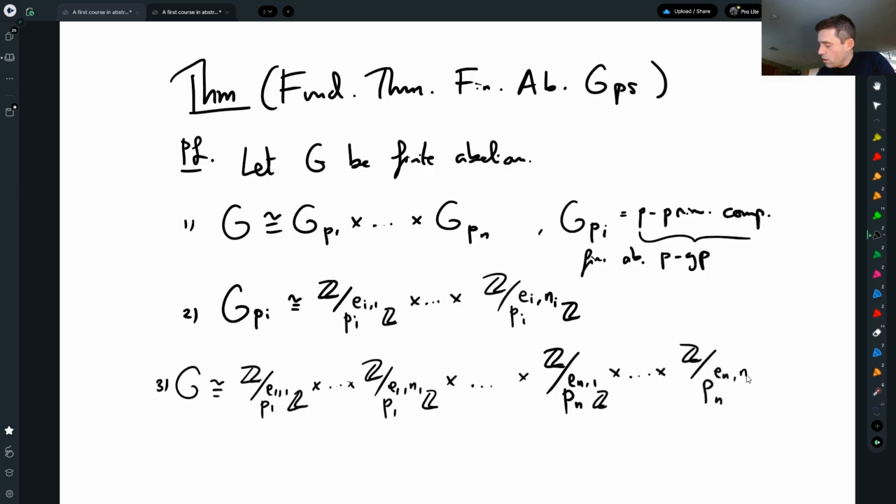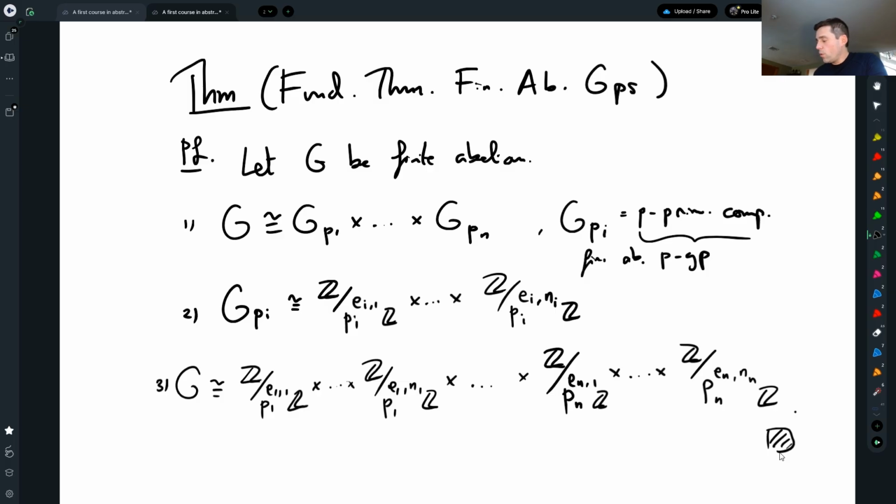Not great notation, but it works. And that proves what we wanted, because now G is a direct product of cyclic groups, each one of prime power order.